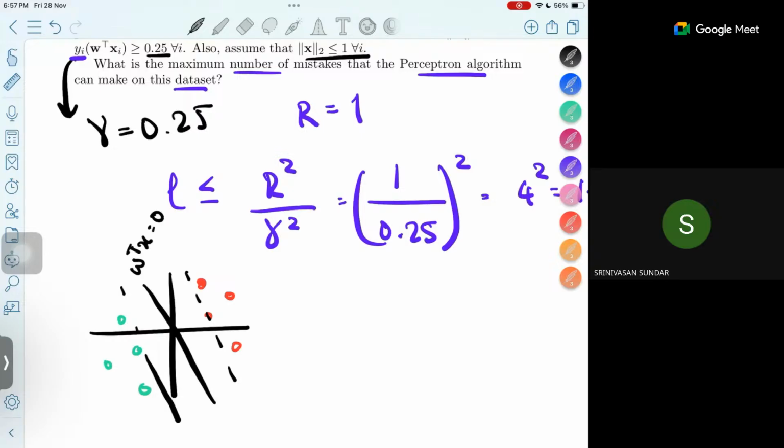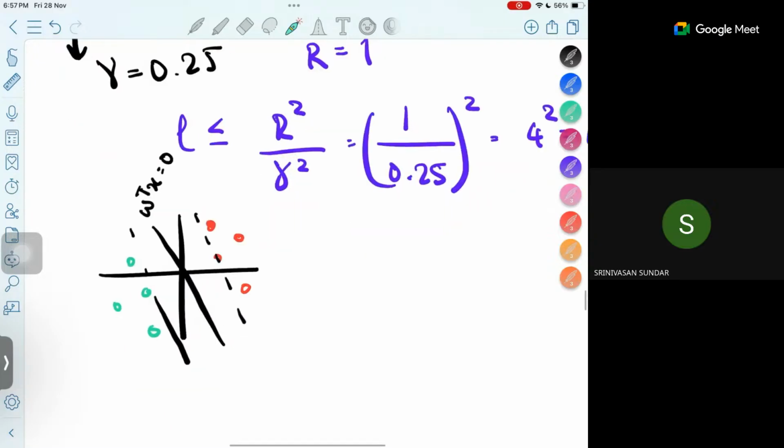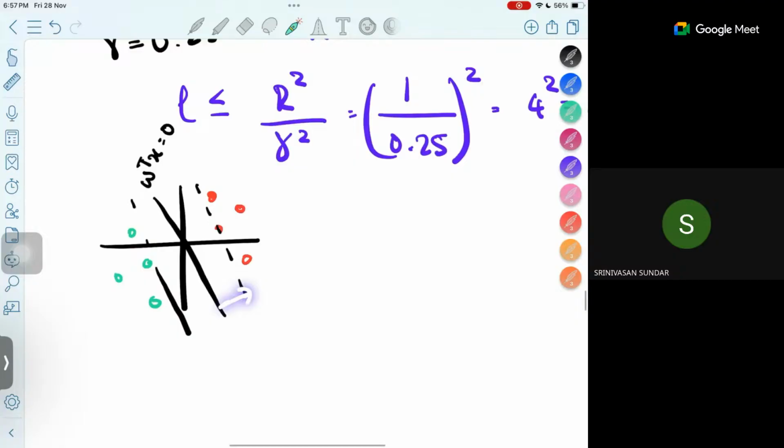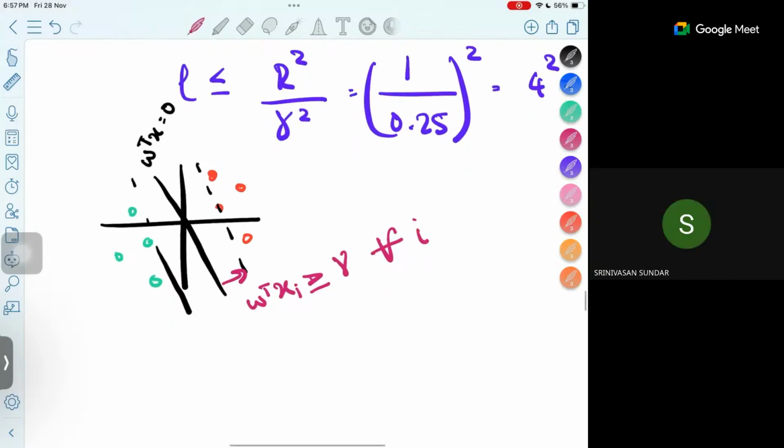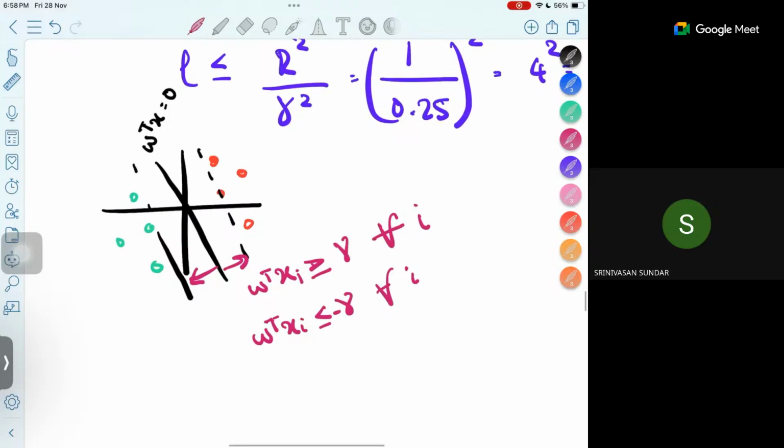I'm not drawing W, just so that I don't clutter it up, but W is here. All the positive points are at least at plus gamma, which means that W transpose Xi is greater than or equal to gamma for all such i. Similarly, for the negative points, W transpose Xi is less than or equal to minus gamma for all such i.